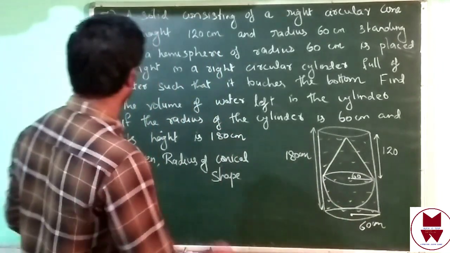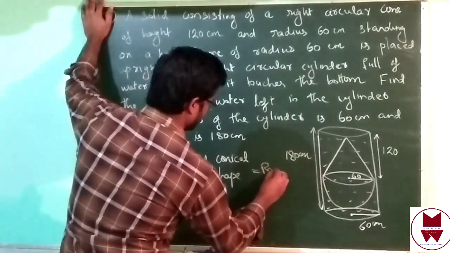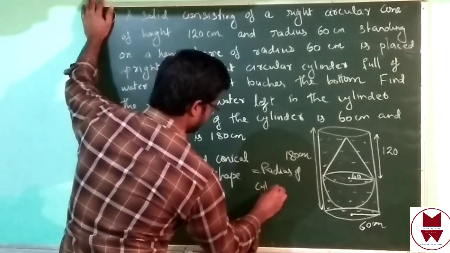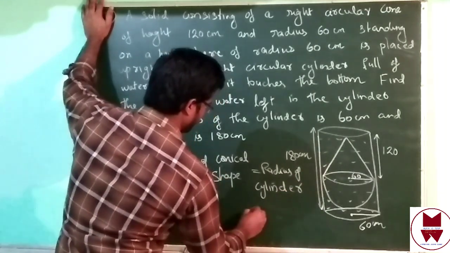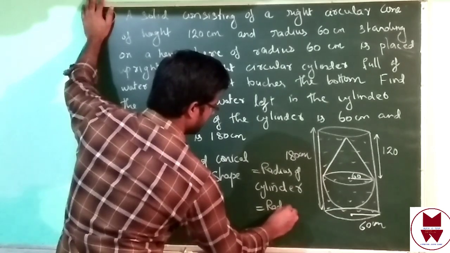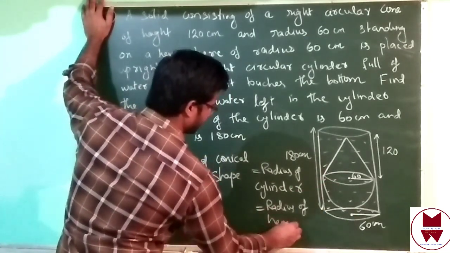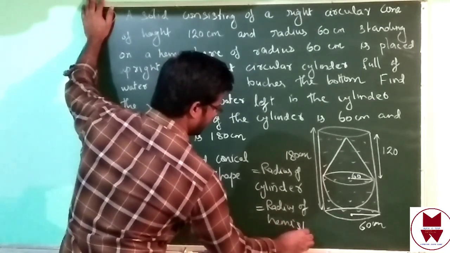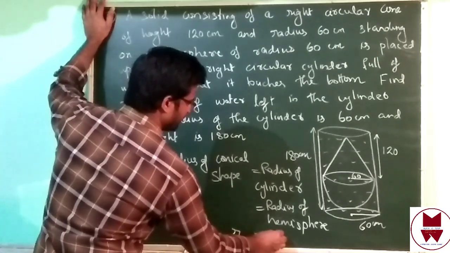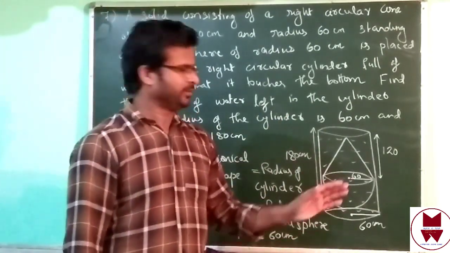Then we can write commonly: radius of conical shape equals radius of cylinder equals radius of the hemisphere equals 60 centimeter. Common radius only, all 60.